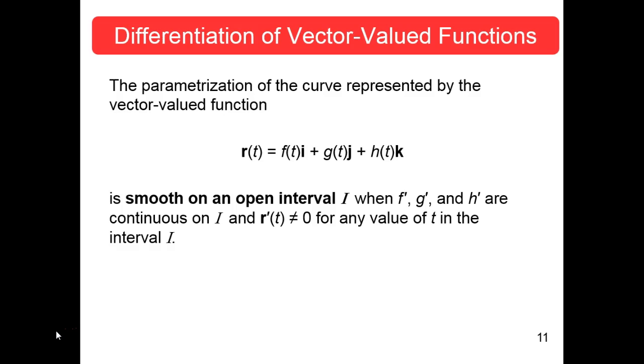Okay? Now, why couldn't r prime of t be 0 for any value of t in the interval? Hang on to that thought, and I think we'll see why in just a minute.